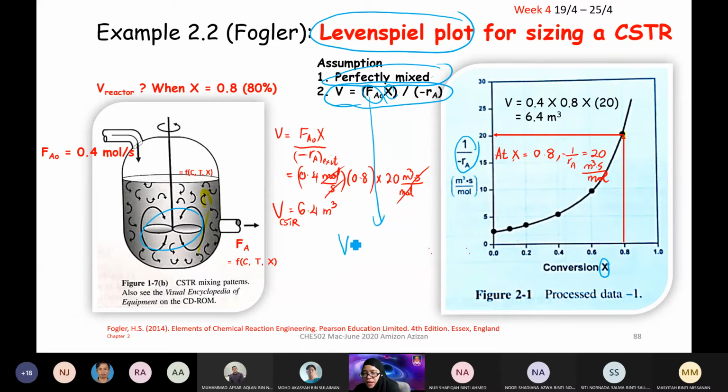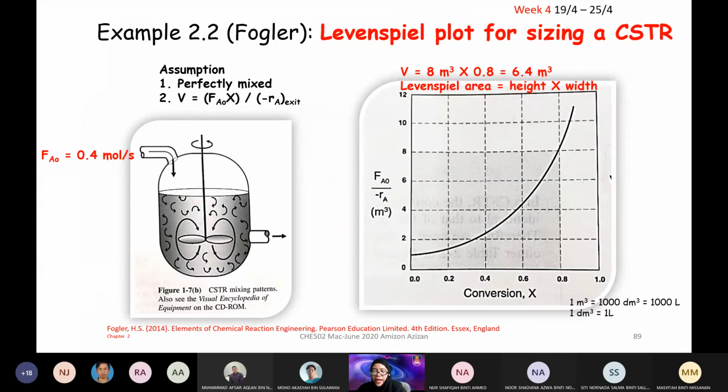Because we have this formula, V is equivalent to FA0 X over minus rA. So 1 over minus rA is the y-axis, with the change of conversion as your x-axis. FA0 is a constant, so you don't need to plot it. But of course, we also plot it with FA0 over minus rA. I think I have it in the next slide.